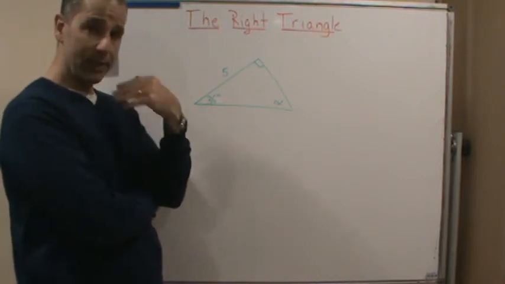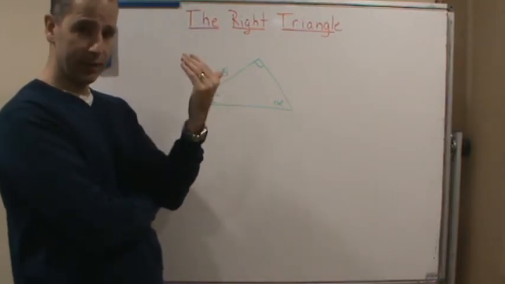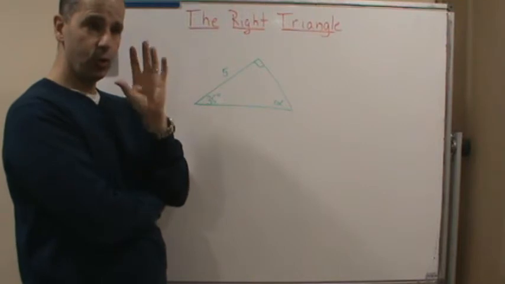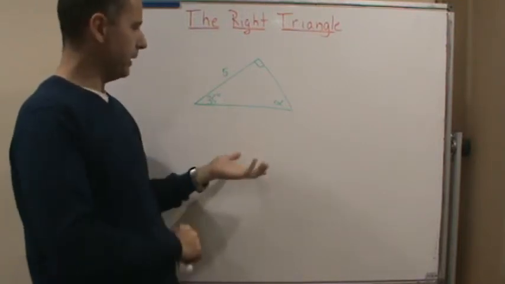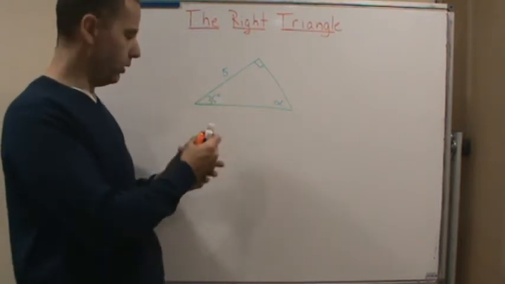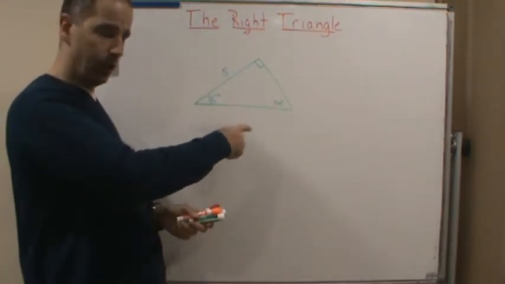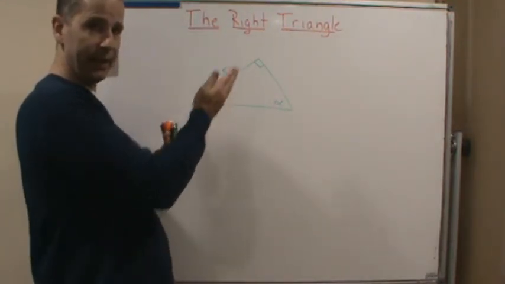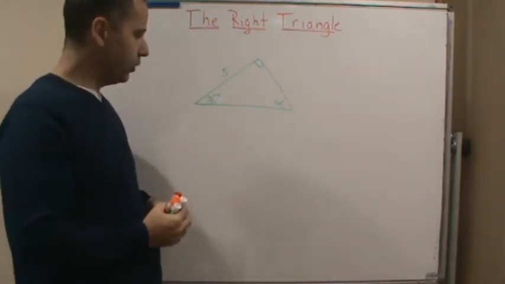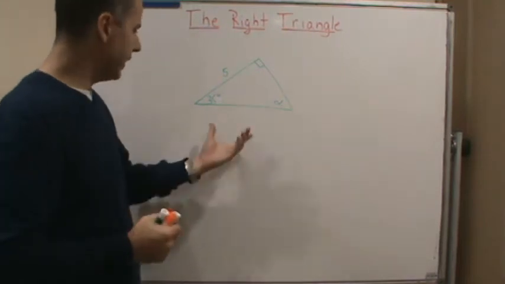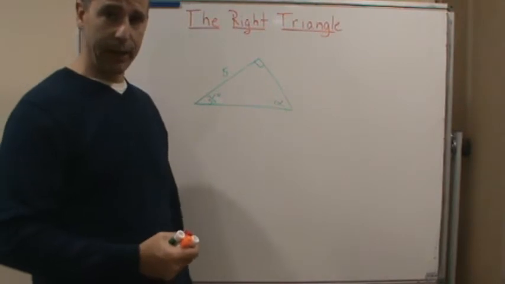So a lot of the stuff that I've been saying when I say opposite over adjacent or opposite over hypotenuse and things like that is to kind of prime you for what we're doing now, because a lot of times you're going to be given a triangle like this where there's no XY axis and we're not dealing with a unit circle or anything like that. Before, we had an XY point and we had to figure out what the Y and X are, which is fine. But in a case like this, there is no XY axis, so we just got angles and sides, right?